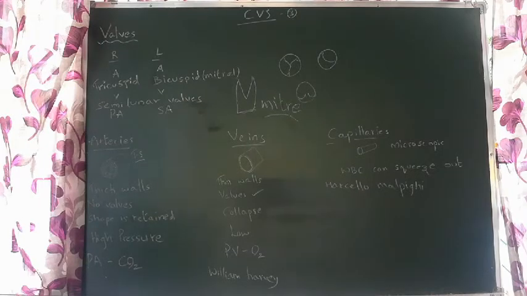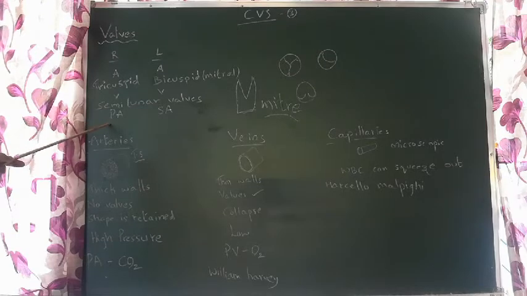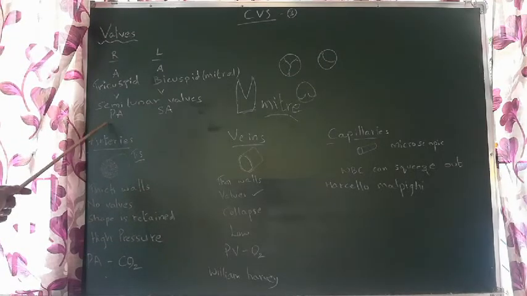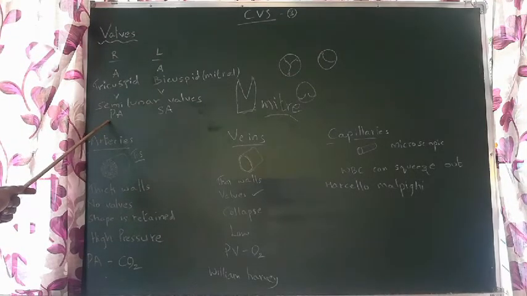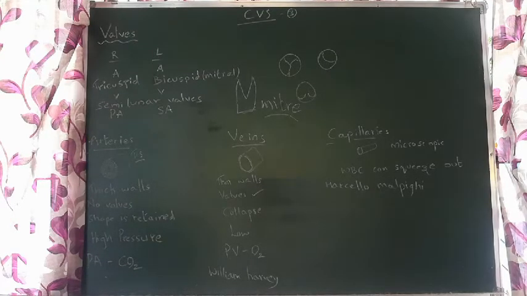Why is it so? See, on the right side of the heart, there is impure blood. This impure blood is taken to the lungs by the pulmonary artery, that's why the name pulmonary, to lungs. Why to lungs? Lungs are the ones which give oxygen to the blood again, right?